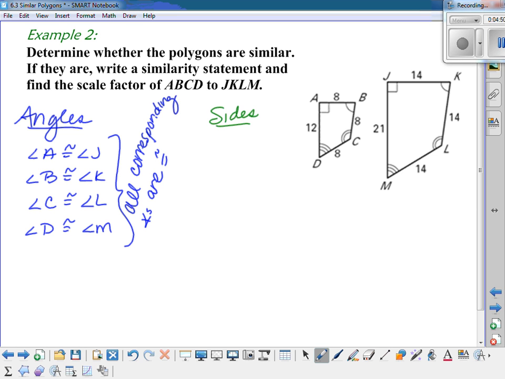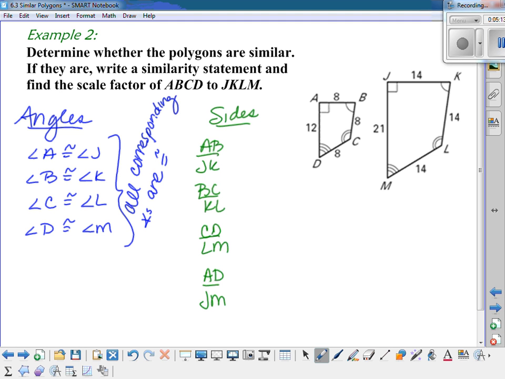So I'm going to compare AB to JK. I'm going to compare BC to KL, and I will compare CD to LM, and finally I have to compare AD to JM.